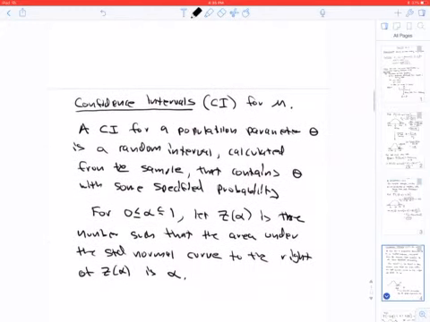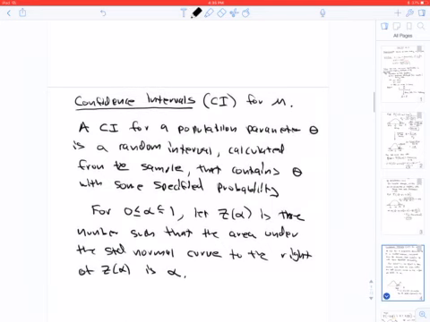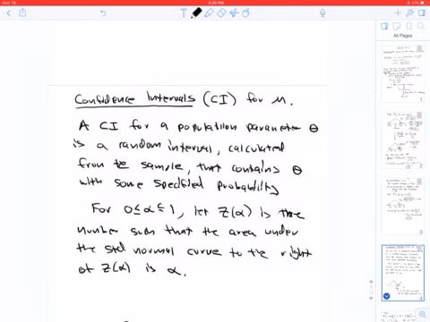Then we moved on to defining the confidence interval, in particular for our parameter mu, the population mean. But first, the confidence interval for a population parameter theta is a random interval calculated from the sample that contains theta with some specified probability, given by the level of significance alpha. So alpha could be, for example, 0.05. Now, z alpha is the number such that the area under the standard normal to the right of z alpha is alpha.